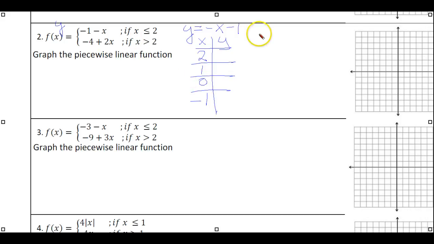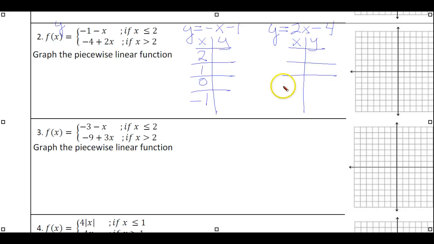Now for our second graph, it's going to be y equals 2x, I'm just rewriting it in slope-intercept form, minus 4. And our restriction for this is x is greater than 2.